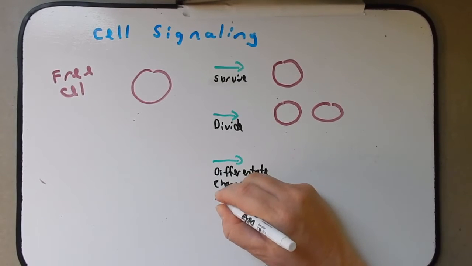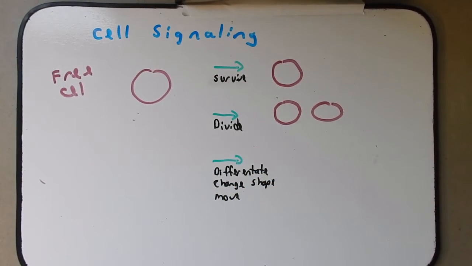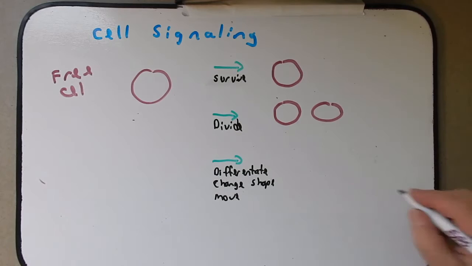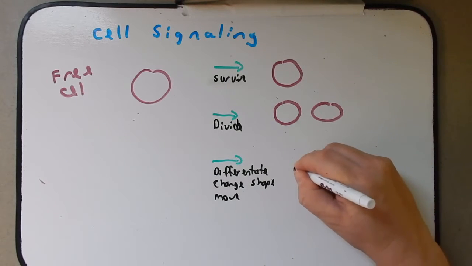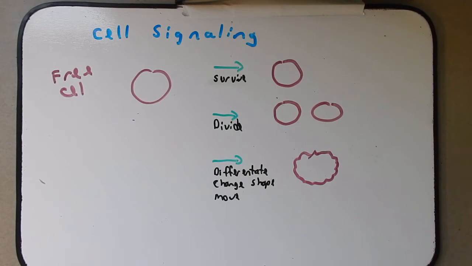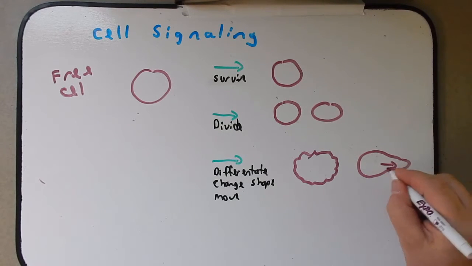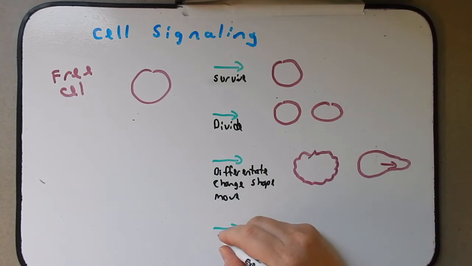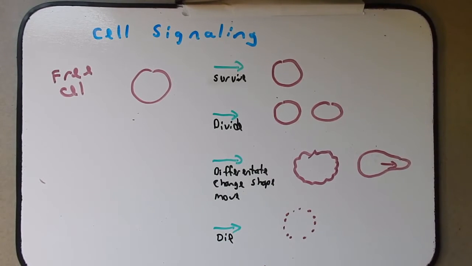All of that's going to cause a change in the cell shape. Or it may need to move, where it slowly moves in one direction. And lastly, at some point it has to die, where it may go through some kind of cell death pathway or some other pathway that leads the cell to die.